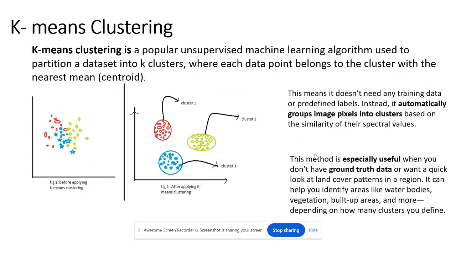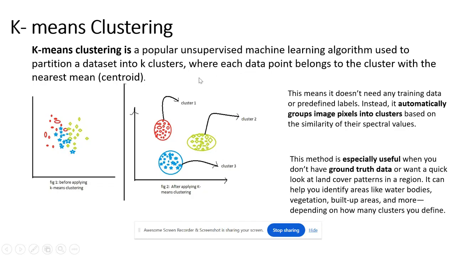K-means clustering is a popular unsupervised machine learning algorithm used to partition a data set into K clusters, where each data point belongs to the cluster with the nearest mean, or centroid.